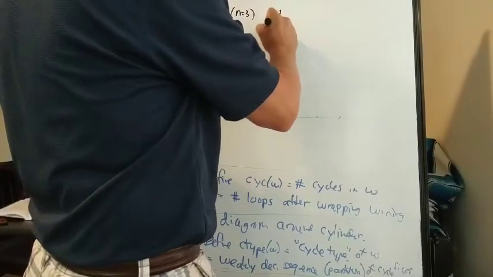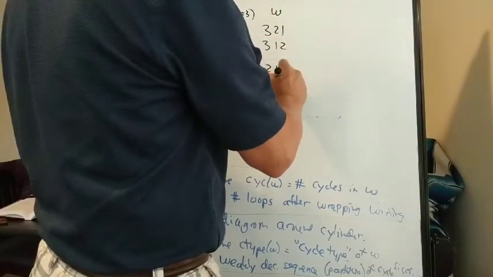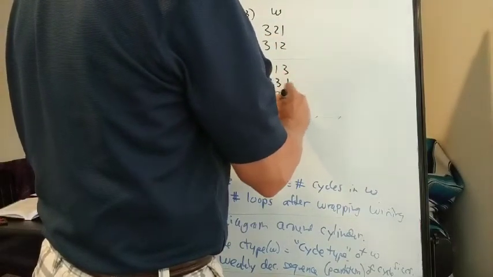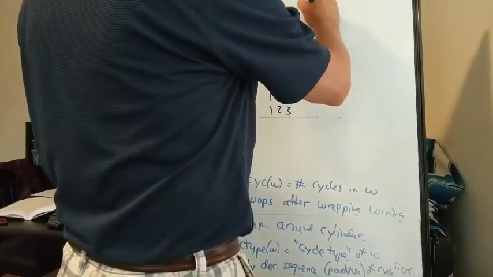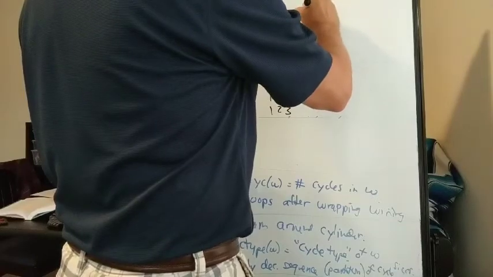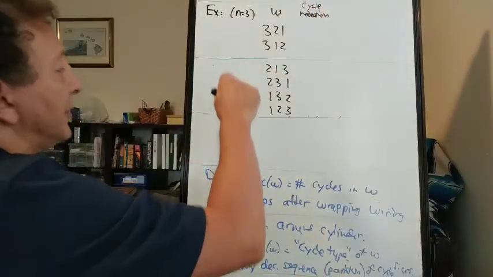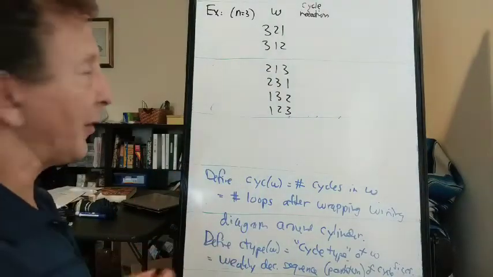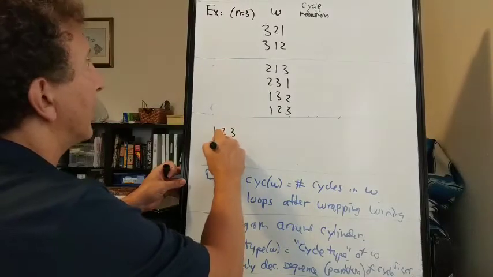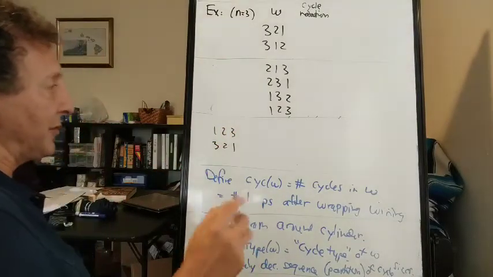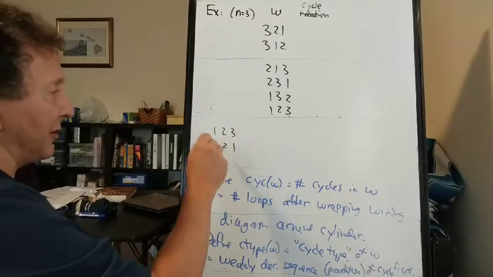So our permutations are 321, 312, 213, 231, 132, 123. And our cycle notation, another way to do this without actually drawing the wiring diagram, is to write two-line notation. Because the wiring diagram says that the letter 1 goes here, the letter 2 goes there, the letter 3 goes there.